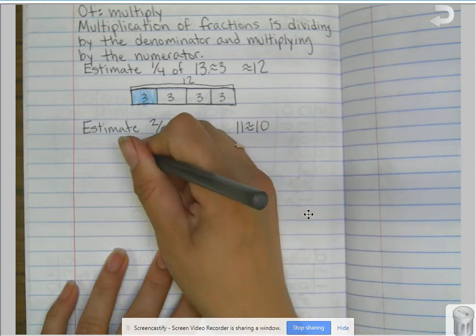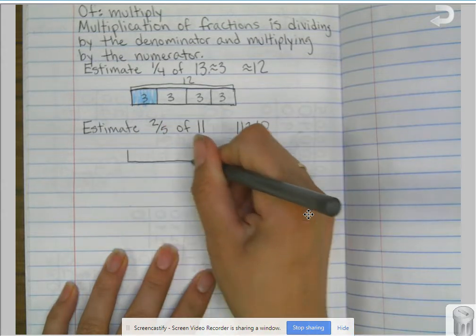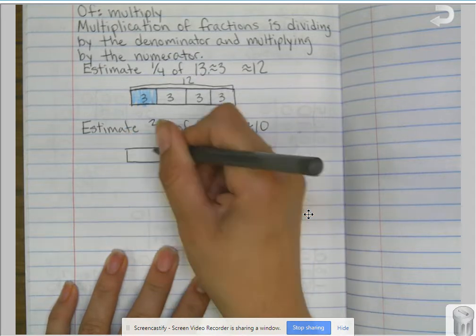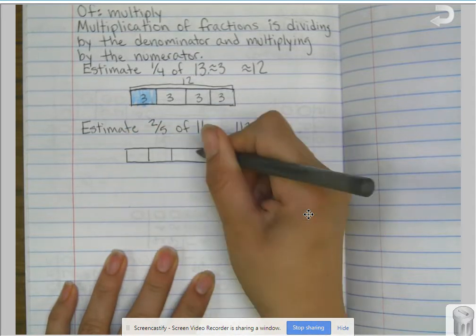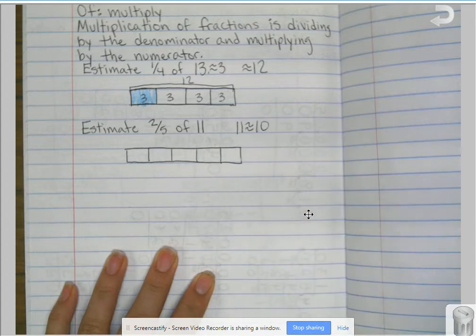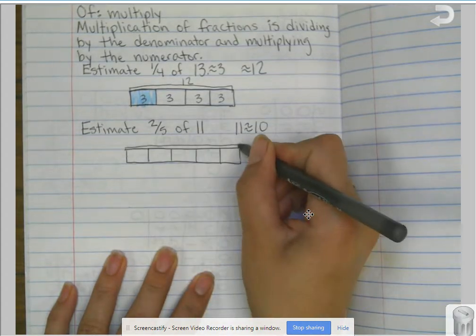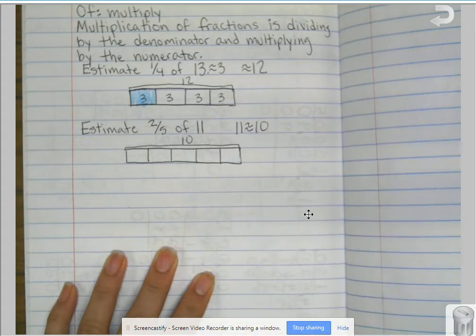So let's do our bar model again. This time I need 5 groups instead of 4. 1, 2, 3, 4, 5. And if I'm saying that this whole thing is worth 10, what would each one of those little sections be worth? 2.